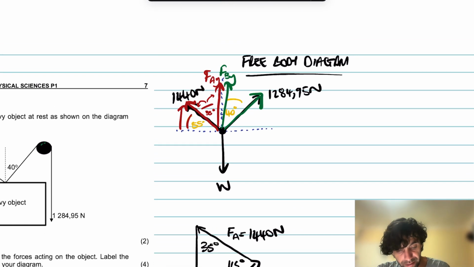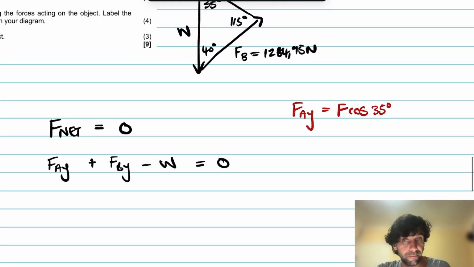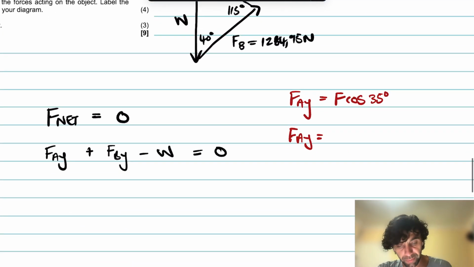Another thing that would work is if I brought this Fy over to this side and I used my 55, in which case we'd use sine of 55 degrees. So there's two ways. You could use this, or you could use F sine 55 degrees if you didn't want to go and work out that angle on the 90. Nonetheless, I'm quickly going to plug this in.